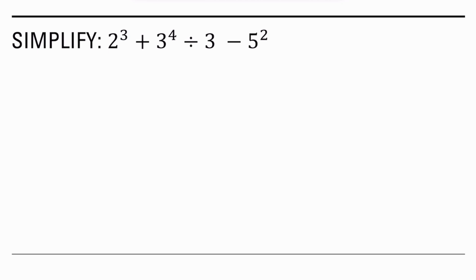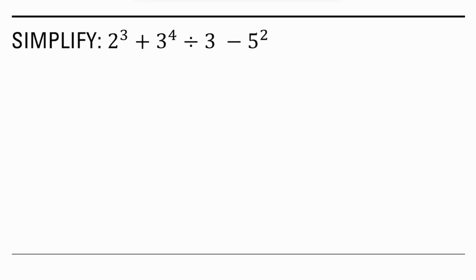All right, so now simplifying 2 cubed plus 3 to the 4th power divided by 3 minus 5 squared. And so this one looks a little bit trickier. There's no brackets, so we don't need to worry about that, but we do need to deal with the exponents first. And so we really should probably expand this one so we can see what's going on.